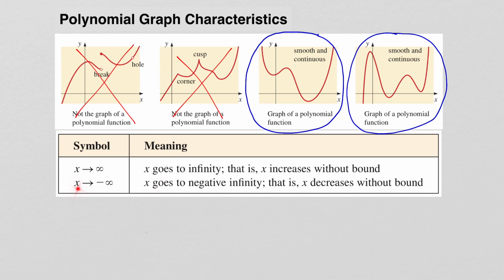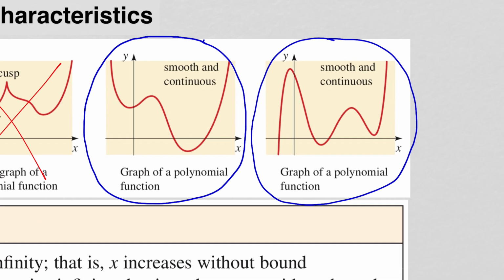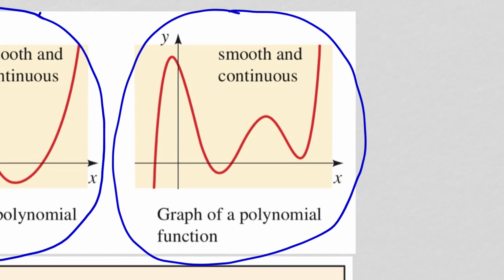When we write x, then an arrow, and then negative infinity, we are simply saying that x goes to negative infinity, and that is, x decreases without bound. So now what that means is x is becoming a larger and larger negative number. This is very useful in describing the behavior of polynomial functions.